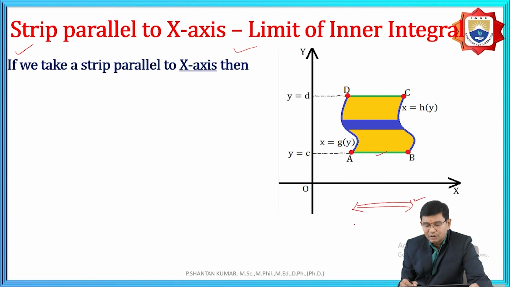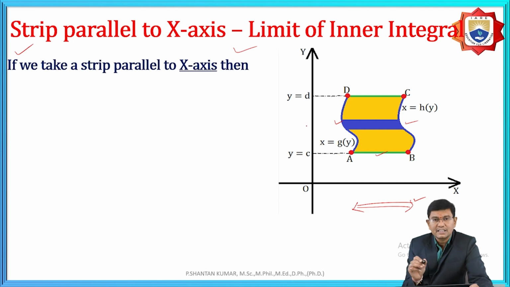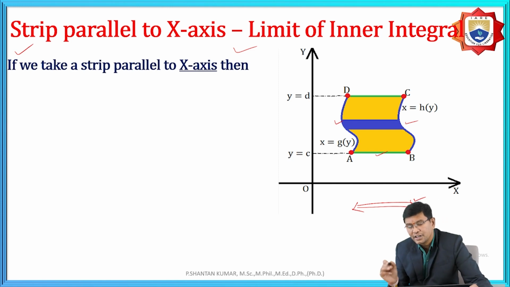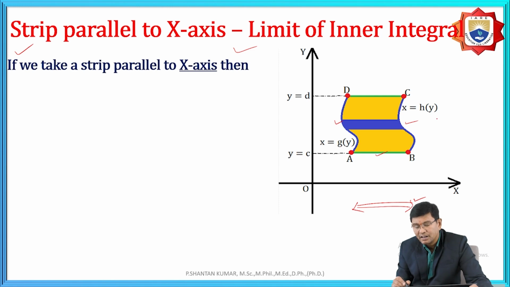That means the left side is the inner part and the right side is the outer part. Therefore, we consider the inner limit of x and the outer limit of x: x equal to g of y as the inner, and x equal to h of y as the outer.